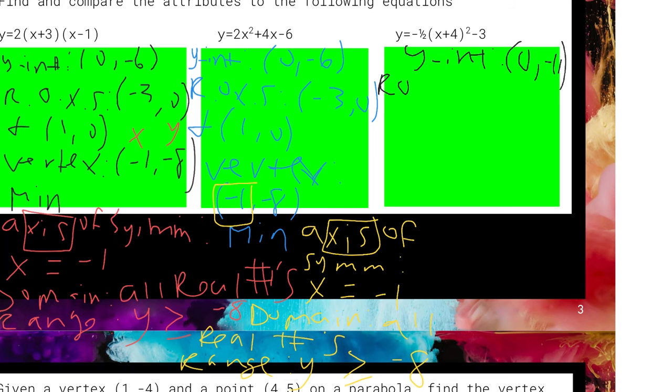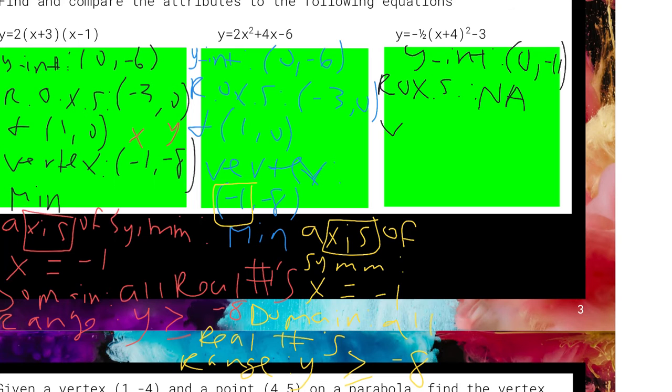Now we're going to find ROCKS. Remember, ROCKS stands for roots, zeros, x-intercepts, and solutions, which are all the same thing. So let's see where it crosses the x-axis. Well, this graph actually doesn't cross the x-axis, so it doesn't have any x-intercepts. Okay, so that's fine. Just put NA for not applicable.